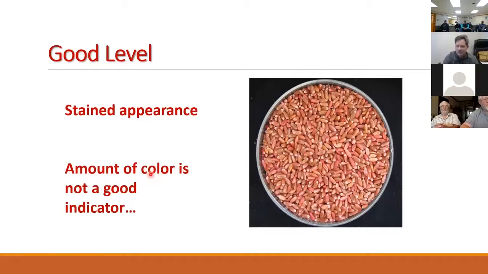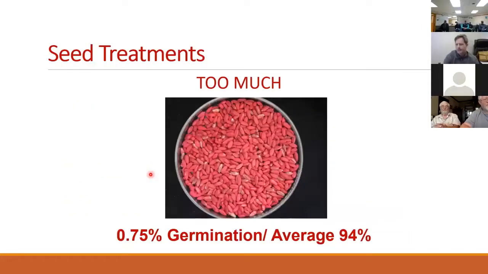Using color to see if you got good delivery of product is just not a good indicator, except in this particular case. I guess I say, if you're going to use your seed treatment for protection when you're going out deer hunting, you probably use too much.